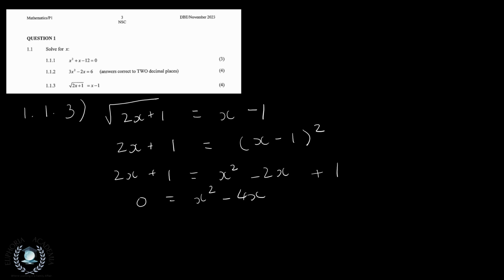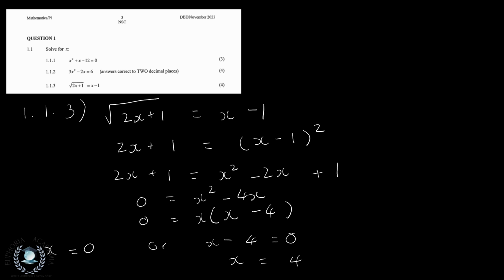All right, now I'm going to factorize what we have there. We're going to see that we have a common factor of x. We're going to have x minus 4. I'm going to see that either x is equal to 0 or x minus 4 is equal to 0, which means x is equal to 4 in this case.